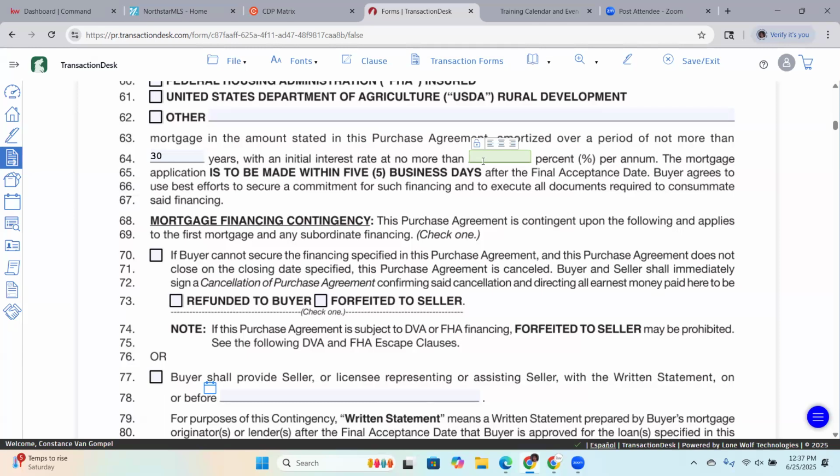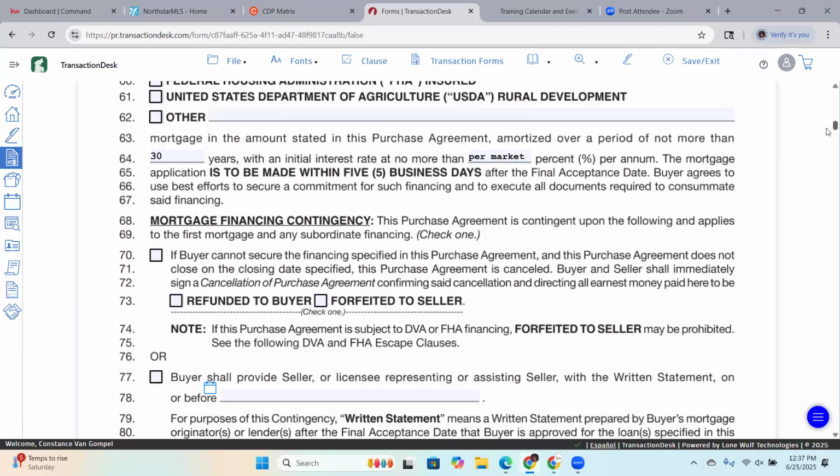If that's what the lender tells you, they might be at 6.75, and the lender might say if it goes up over 7.25, the buyer can't afford the house. They've got to lock in at the right time. So a lot of times people just do per market. And the mortgage application is to be made within 5 business days after the final acceptance, and that's something the loan officer will take care of.